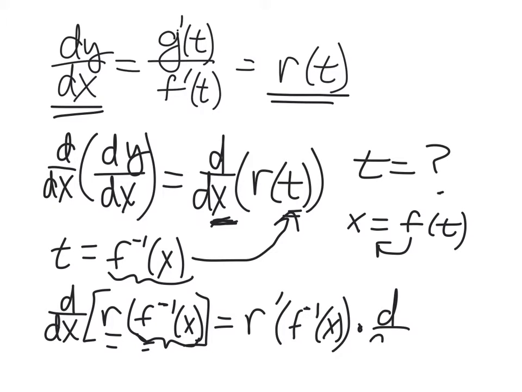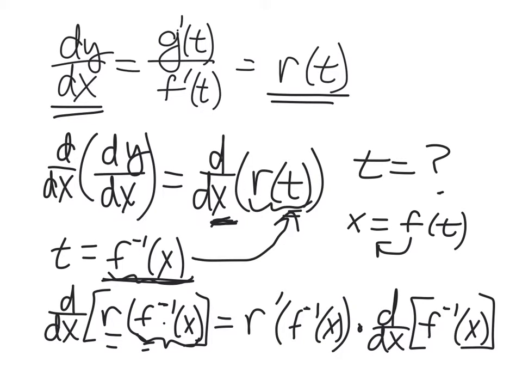Now we are doing this with respect to x. Okay, so this would be the derivative of r of t with respect to x. T, again, changing that to f inverse of x. My notation's not real good. That's the inverse function. F inverse of x is the inside of the r primed. Okay.